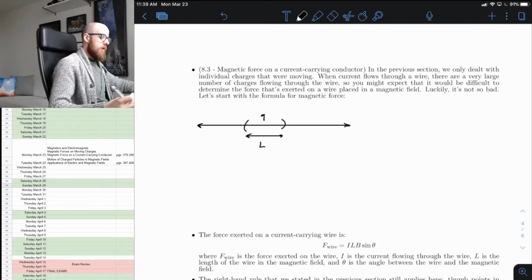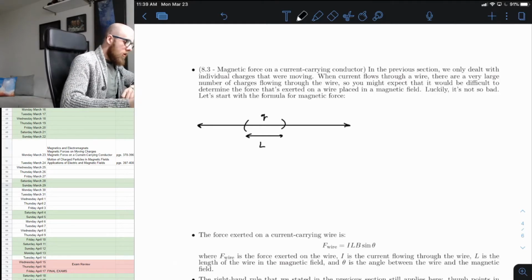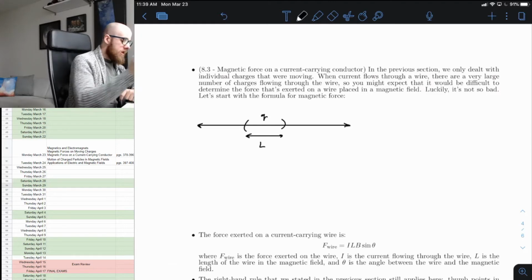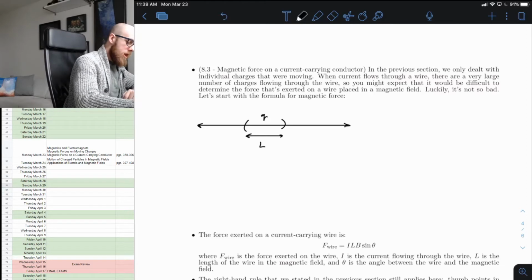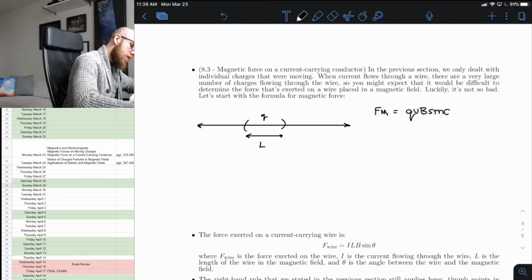Now let's say we take this wire and throw it into a magnetic field. So we know that the force that's exerted on this small piece of wire will be Fm equals QVB sine theta.